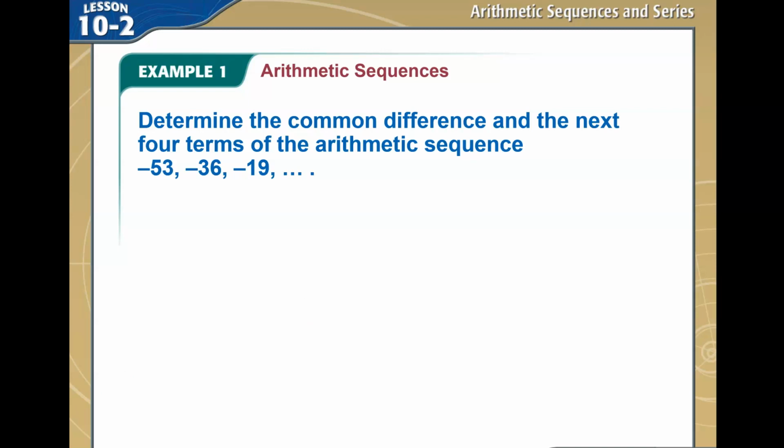So the common difference is the second term minus the first term. It depends on which way you want to write it: a2 minus a1 and then find the answer, or directly, no problem.